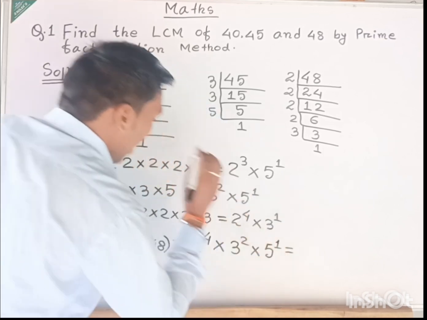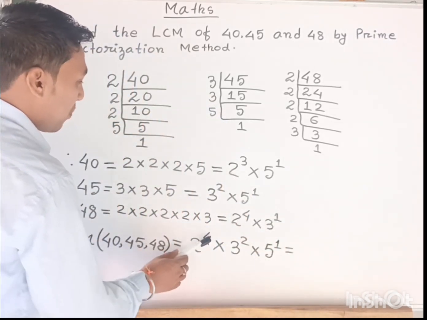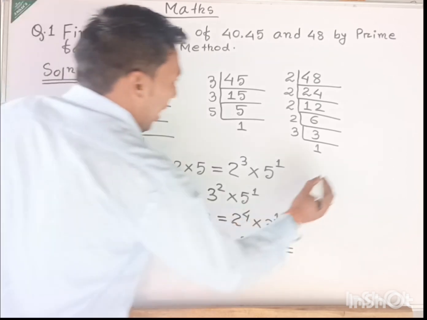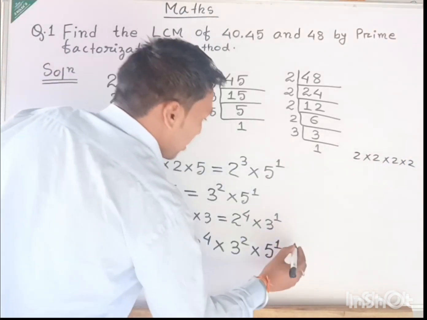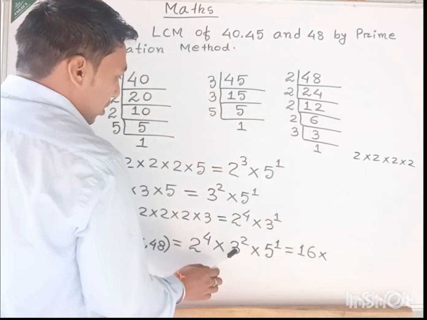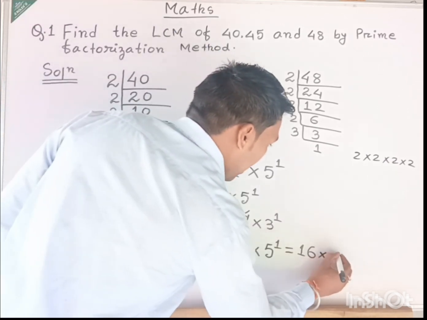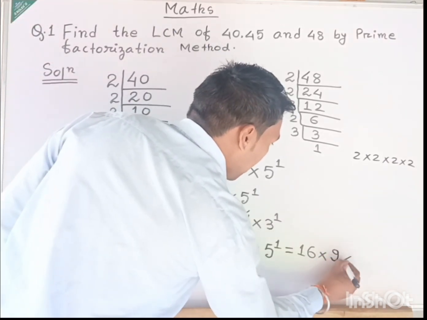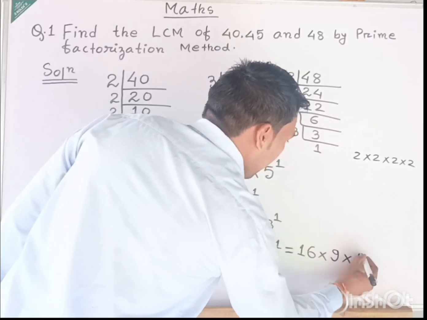Equals, now multiply. 2 to the power 4 means multiply 2 four times: 2 times 2 is 4, 4 times 2 is 8, 8 times 2 is 16. So write 16 into 3 squared, which is 3 times 3 is 9, into 5 to the power 1, which is just 5.